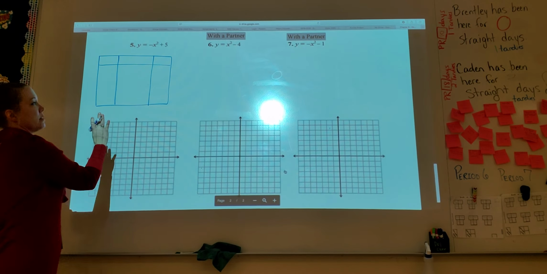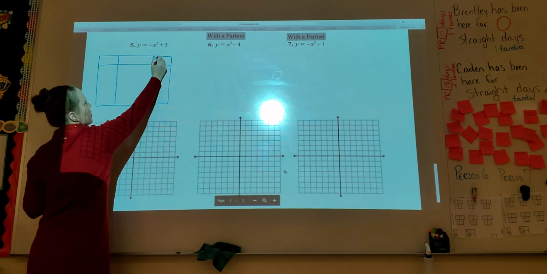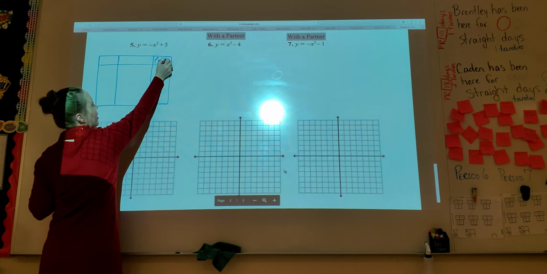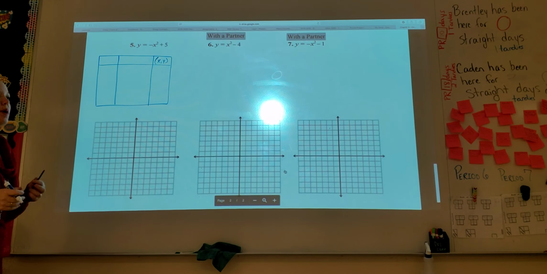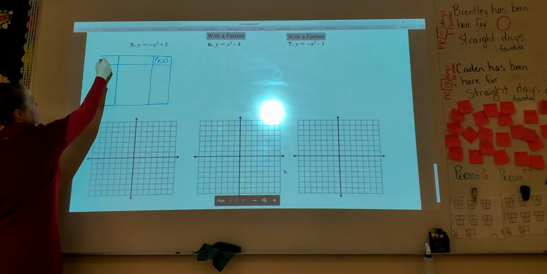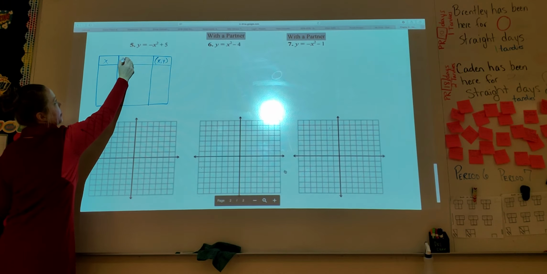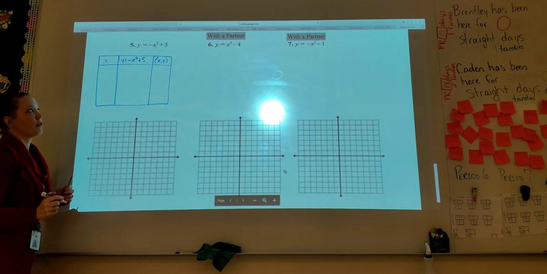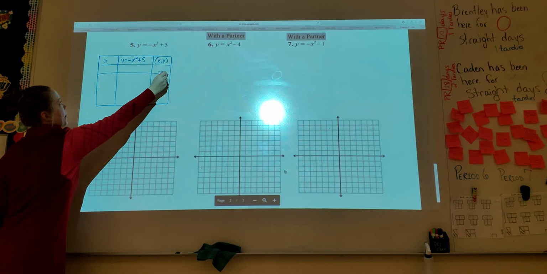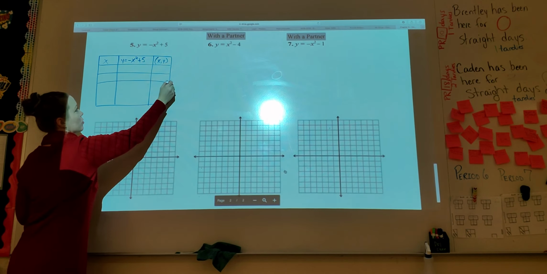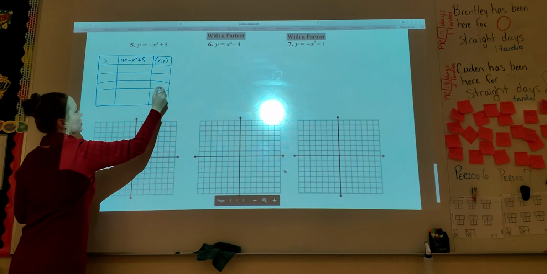I'm going to put my ordered pair together here so I know what I'm plotting. And then this is my X that I'm choosing, and then this is where I'm going to plug in my number for my X. We had 5 points before, so we're going to choose 5 points again.